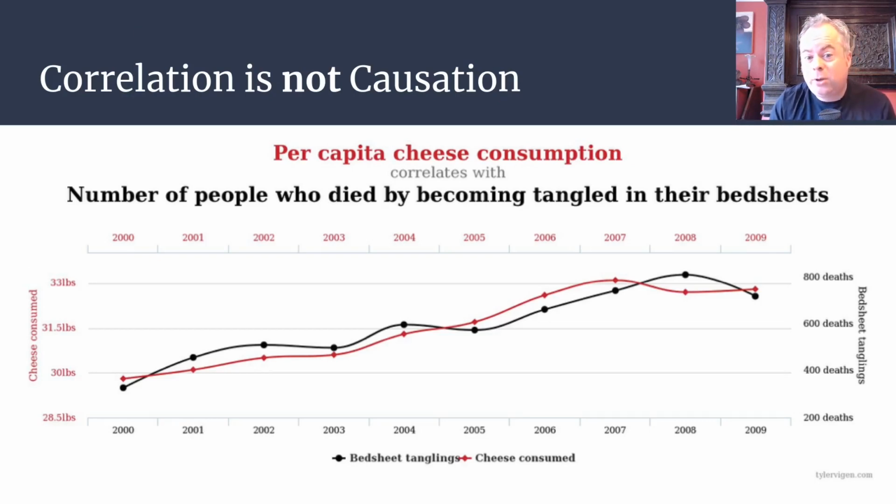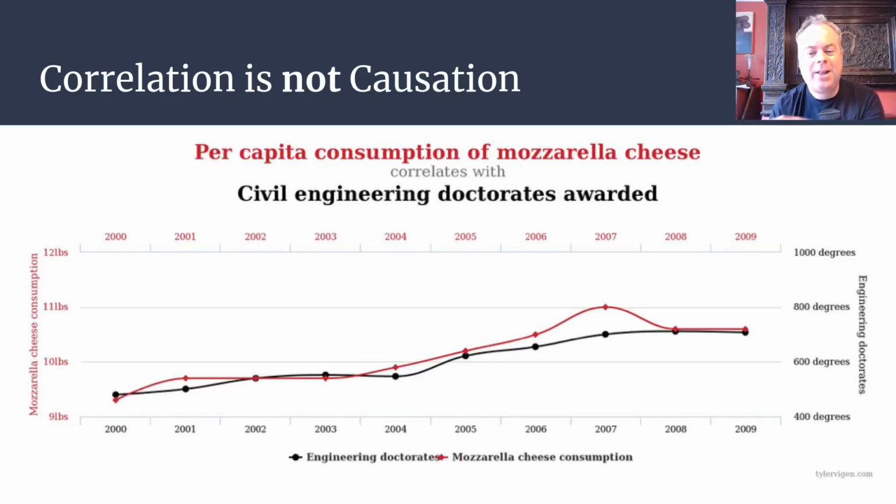Cheese consumption positively correlates with the number of people who die by becoming tangled in their bed sheets. So the more cheese is eaten in a particular year, the more people die by becoming tangled in their bed sheets. That's a spurious correlation. There's nothing obviously connecting these two things.